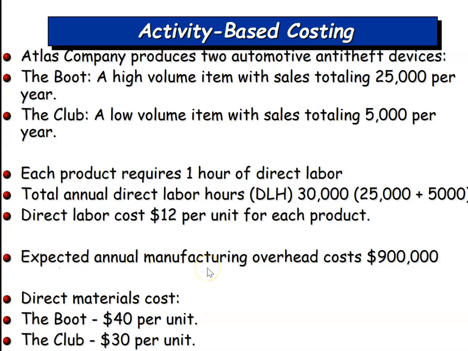Estimated annual manufacturing overhead is $900,000. And then we have our direct materials, which are always going to just be applied based on cost. We have $40 per unit for the boot and $30 per unit for the club.